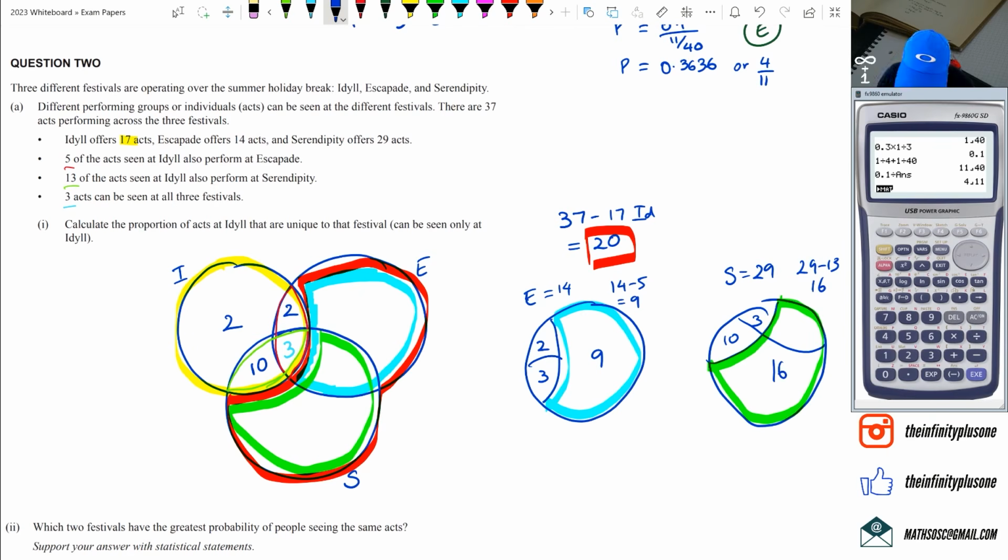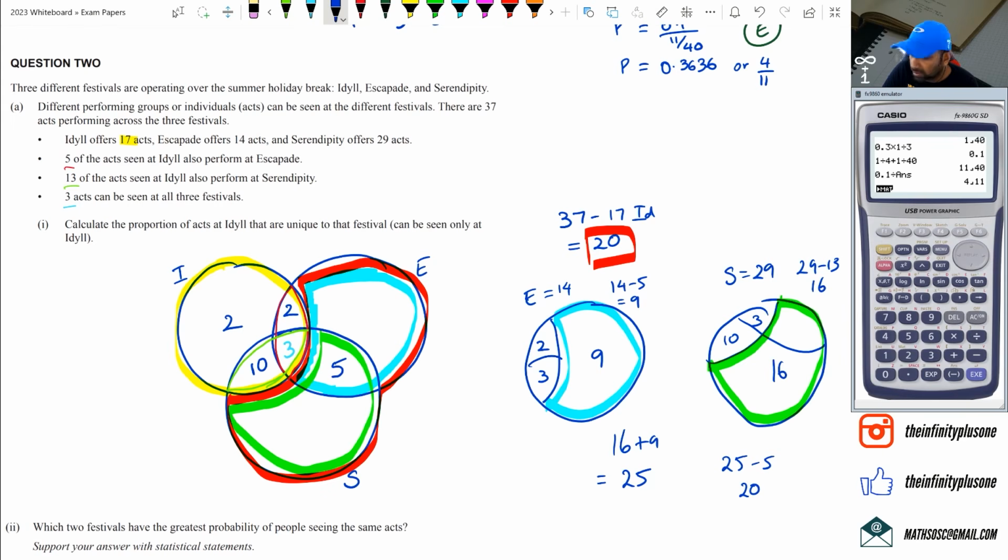So 16 is the green zone, and the blue zone is 9. But when I add 16 plus 9, I get 25. The red zone is only supposed to be 20, and it can't be 25. So I'm going to do 25 take away 5, which makes it 20. In other words, there's a 5 that gets overlapped.